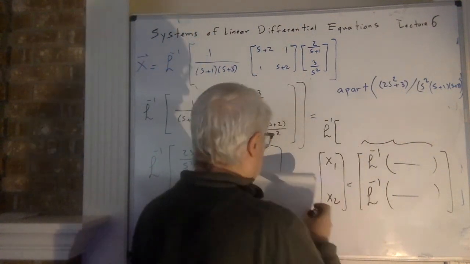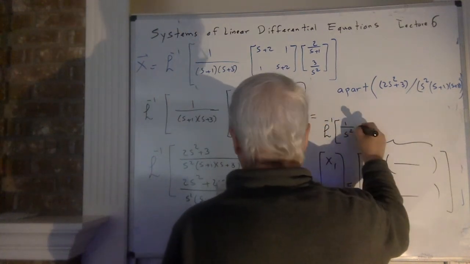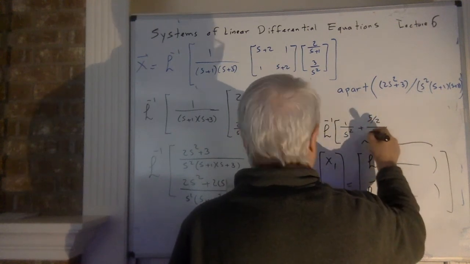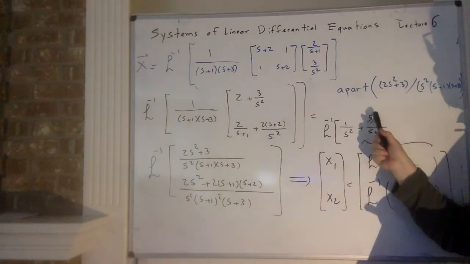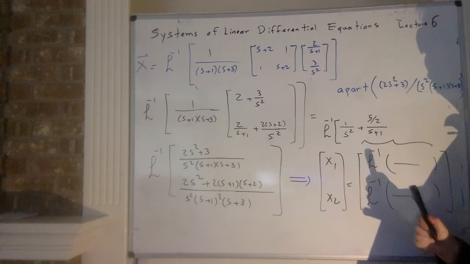Apart gave me this: 1 over s squared plus 5 over 2 times s plus 1. And be careful, when you do Apart, it will give you 5 over 2 times s plus 1. Don't leave it like that.